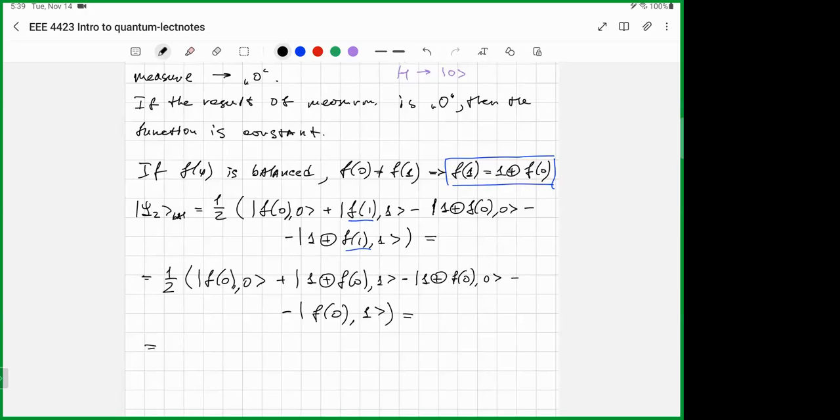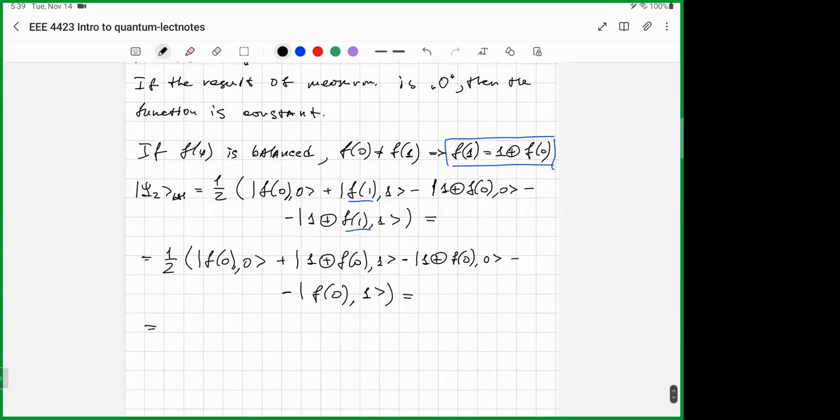So now we can rewrite this. We can factorize this as the product of two states. The first one is going to be state 0 minus state 1 plus modulo 2 f0 state, then the product with 0 state minus 1 state.